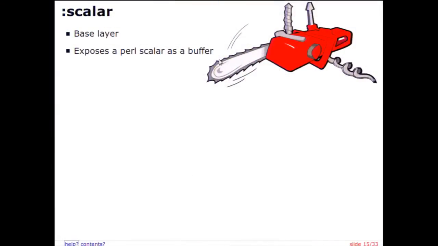Scalar is basically the other base layer that people use. This is what you get when you open, like, open my $foo, angle brackets, and then a reference to a variable: you open a fake file handle to a scalar. This is really useful and notoriously buggy, because it's actually peeking and poking into the scalar, and I've seen some very funny bugs here.